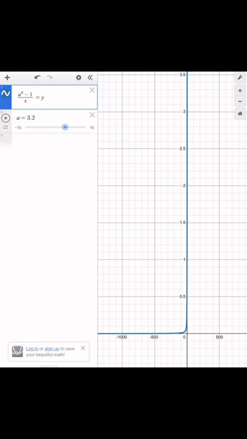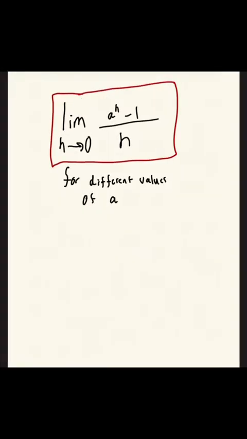Now this limit is actually equal to the natural logarithm of a. So for example, log base e, now that is also called ln, the natural logarithm of a.